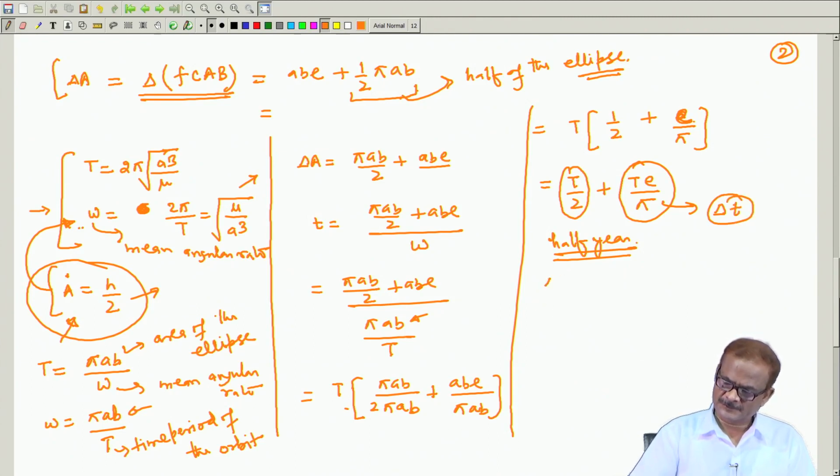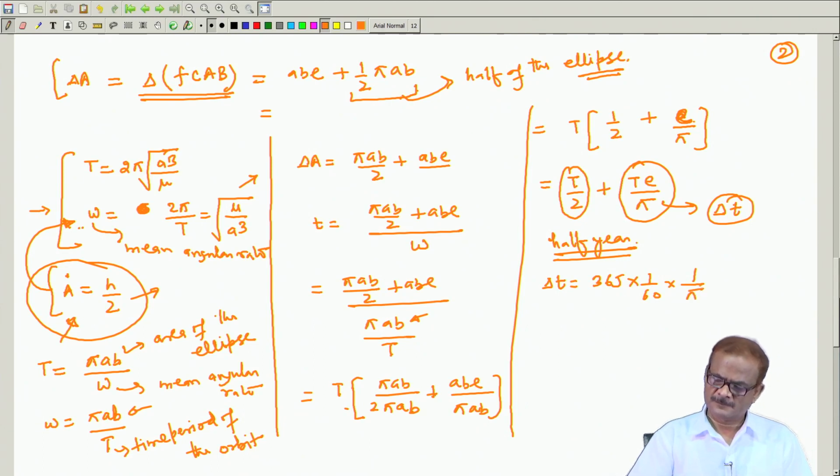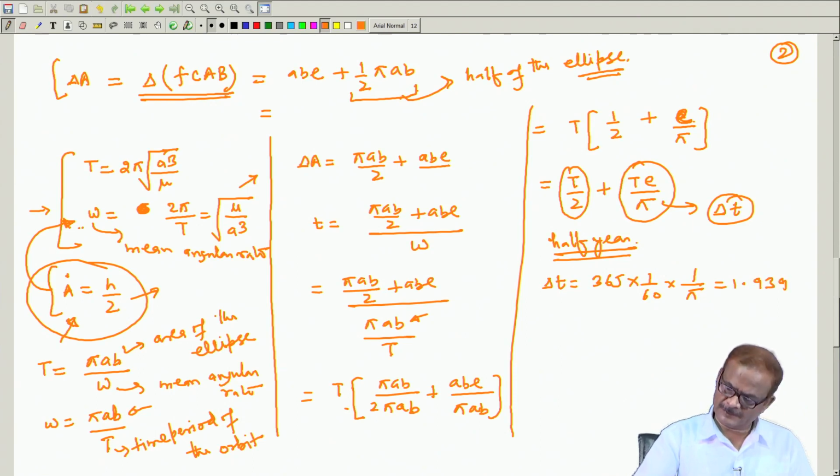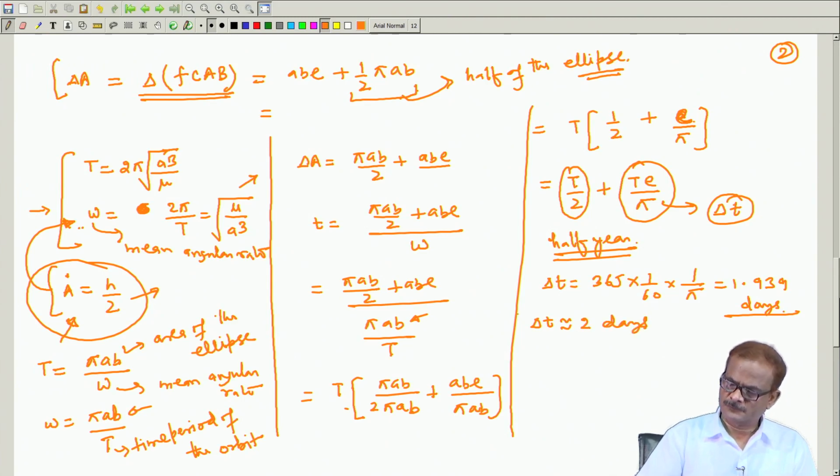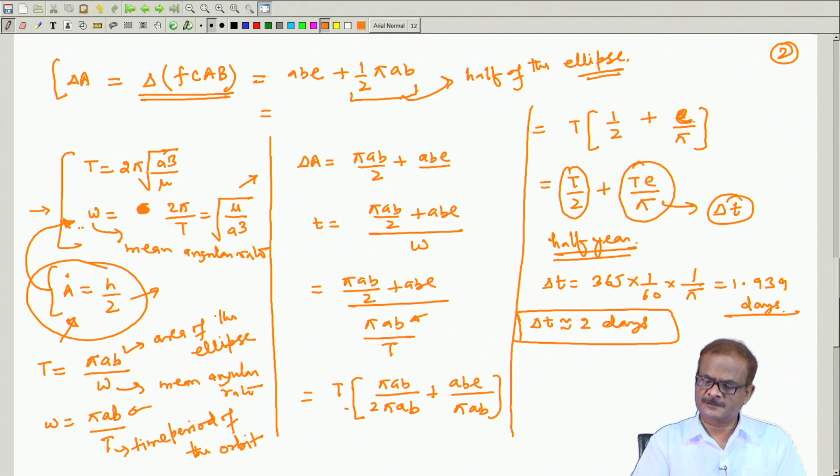So we can write t equal to 365, e equal to 1 by 60, divided by 1 by pi, and this turns out to be around 1.939, and therefore delta t is around 2 days, means 2 days extra.